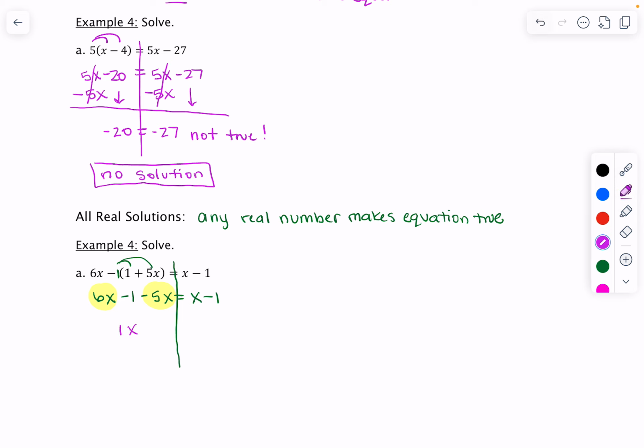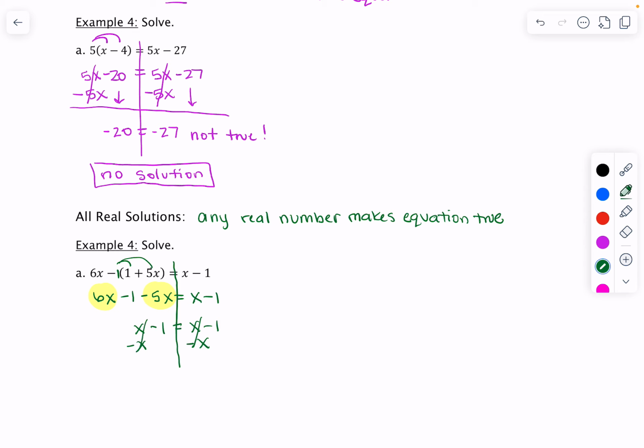Oh, wrong color. 6x minus 5x is 1x. Bring down the negative 1. And we can start writing this as just x. We can erase that invisible 1, especially if it's positive. That is a better way to write it. And then I get x minus 1. I'm going to subtract that x on both sides.